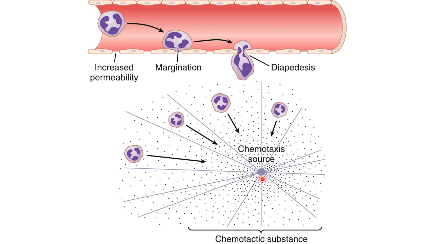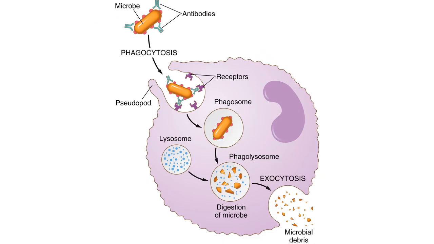So they will reach the site of infection and perform their function, which is to kill the pathogen and engulf the pathogen and engulf the destroyed tissues. So this is how that engulfing process occurs. Ang tawag natin dito would be phagocytosis.